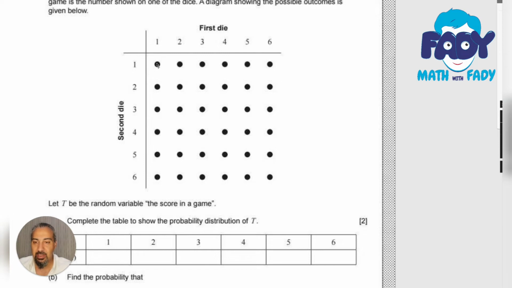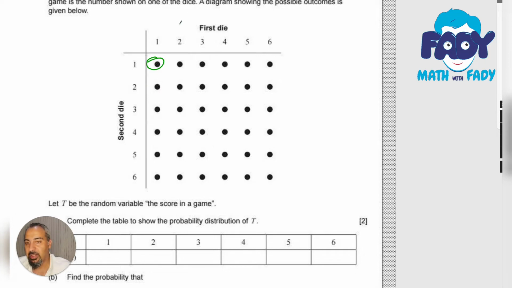So if in the first die we received 1 and in the second die 1, our score is that number, 1. If we received 1 in the first die and 2 in the second, the score is 2.